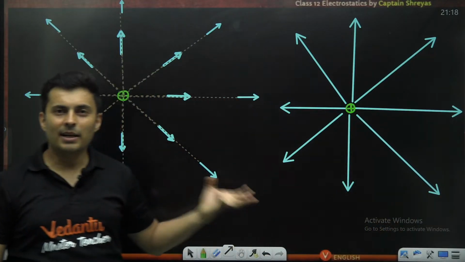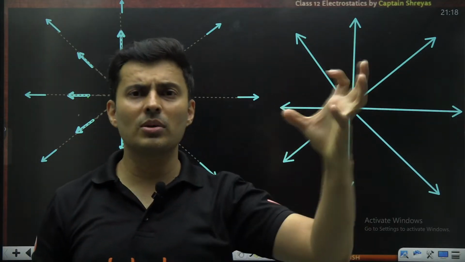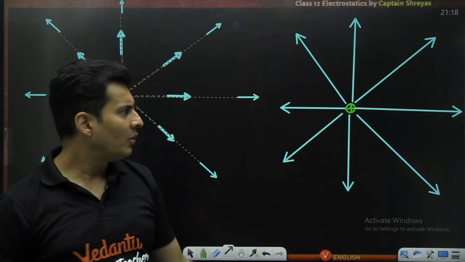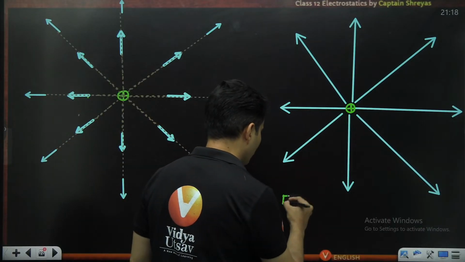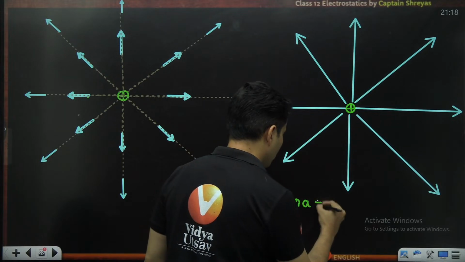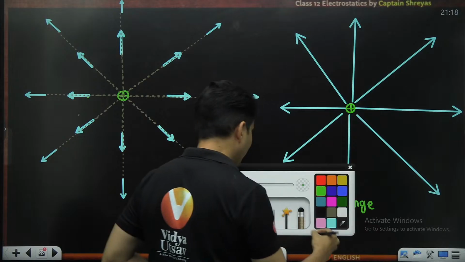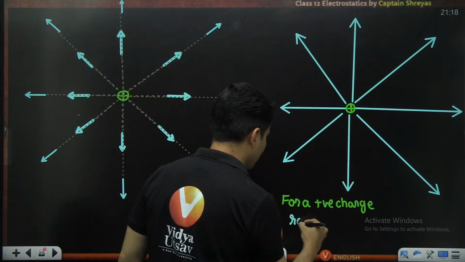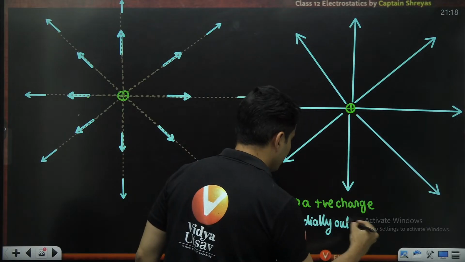So the electric field lines give you an idea of how the electric field is traveling around those charges. For a positive charge, the field lines are radially outwards.